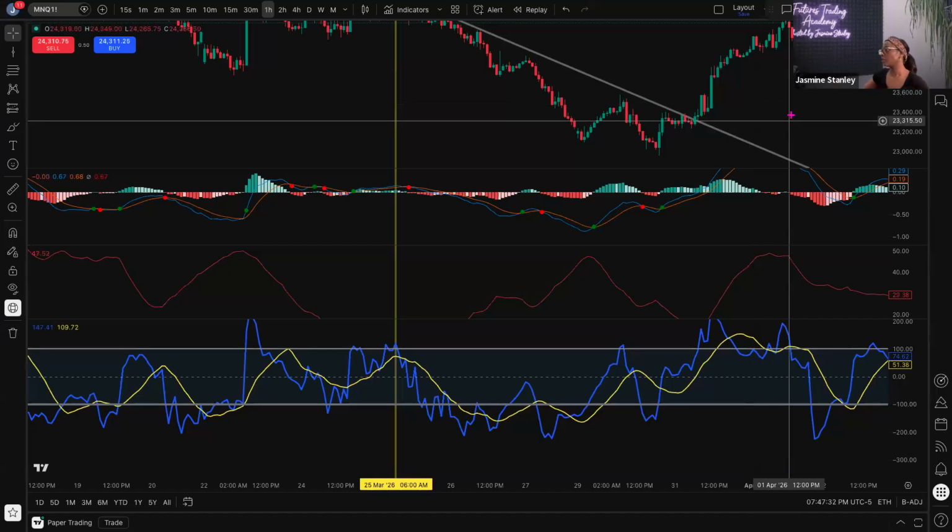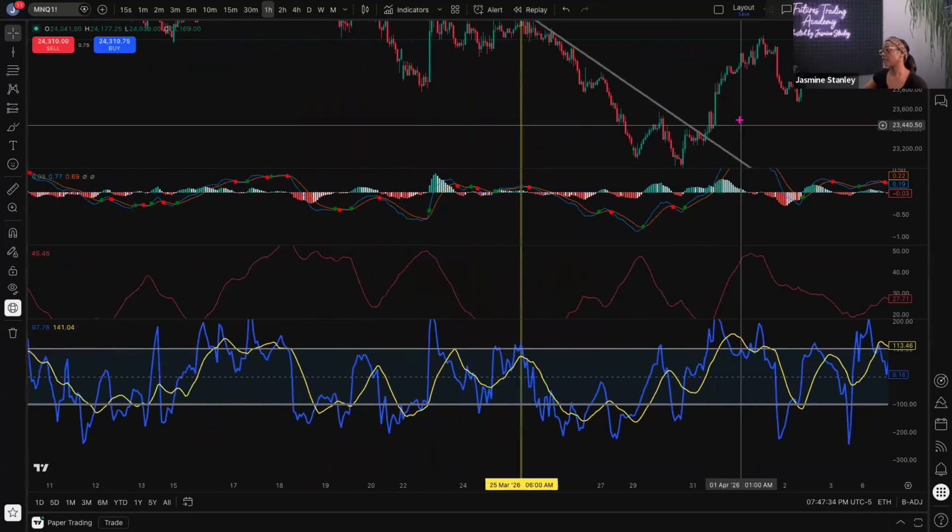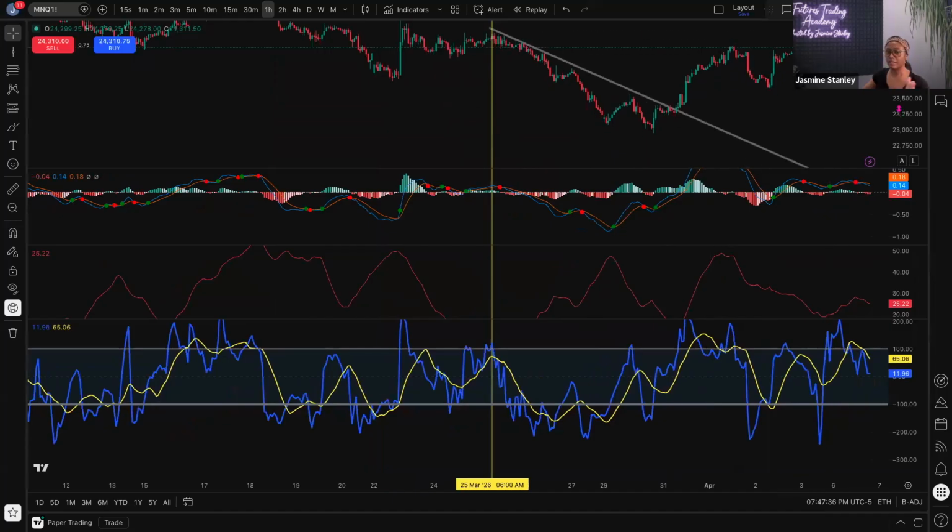So with this trend line, this is really just showing you. I do not expect you to remember all of this. So do not freak out. The only thing your job is to remember is these.